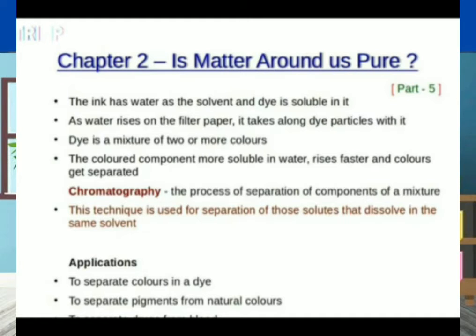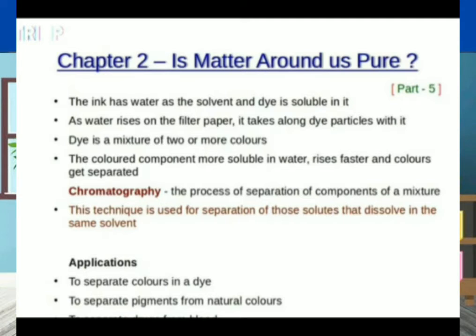Then what is chromatography? The process of separation of components of a mixture. This technique is used for separation of those solutes that dissolve in the same solvent.